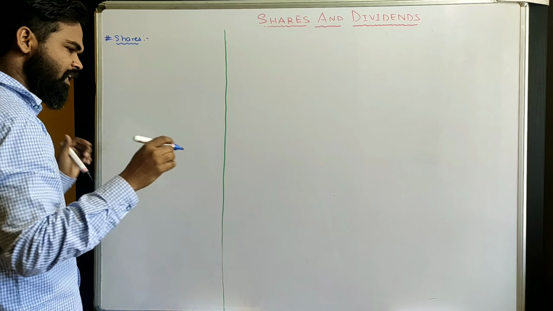Income from one share is RD percent of nominal value, so if a person has n shares, his annual dividend will be n into RD into nominal value by 100. Simple. Is there any problem?